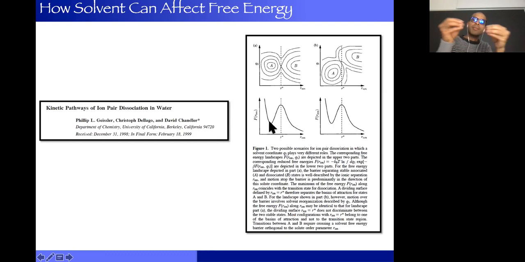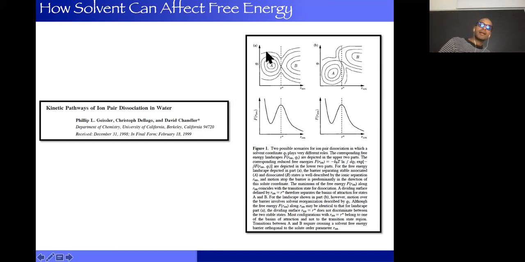There's a minimum, a partially solvent screened minimum here, where the sodium and chlorine are closer. And then as you move away, of course, there's a lower free energy because entropy wins.